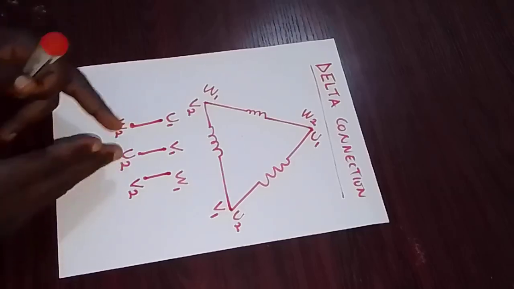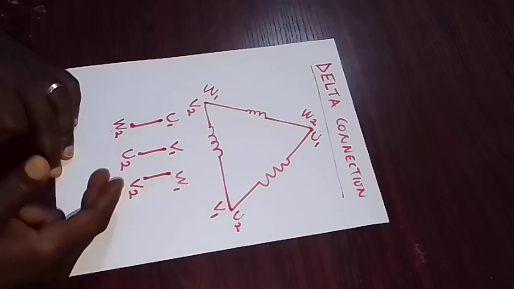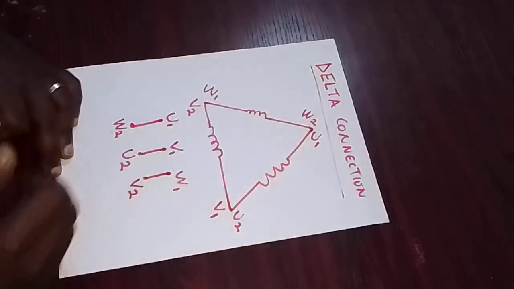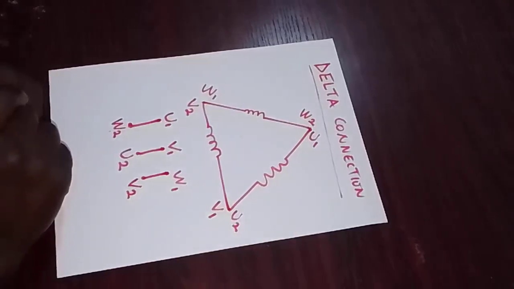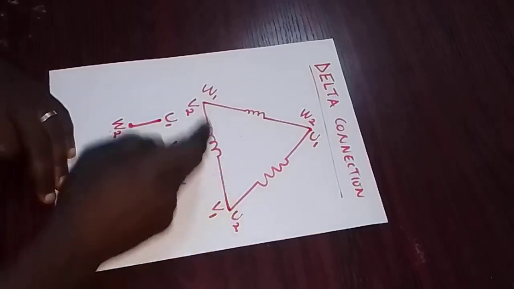So that is why those metallic strips are connected in this fashion, because of the way the windings of the electric motors are connected, as you can see.